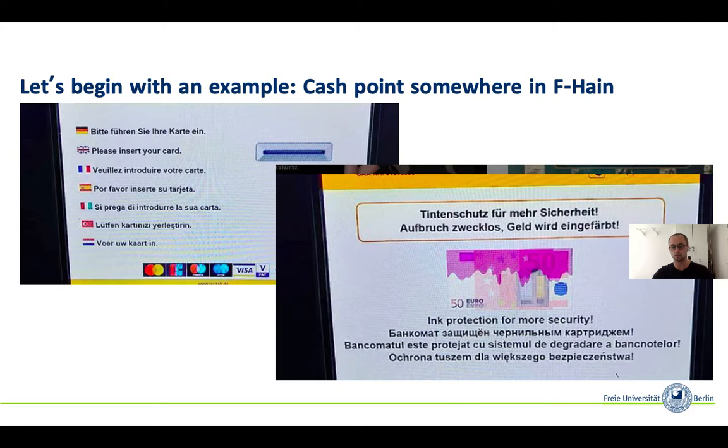And here, interestingly, one thing is you don't see the flags, but the more important thing here is what languages are used for this message. So you have German at the very top. Then you have English. So those are two languages that you also had on the previous screen.